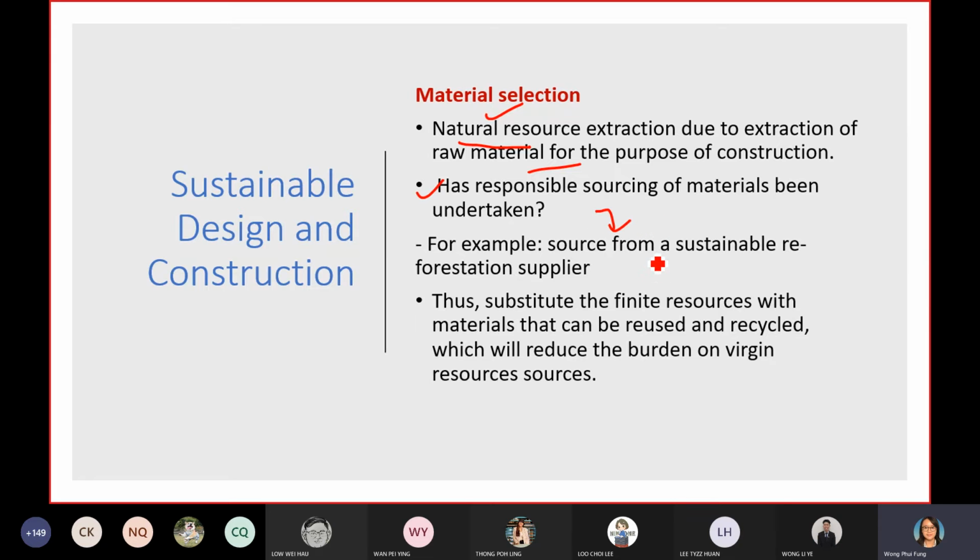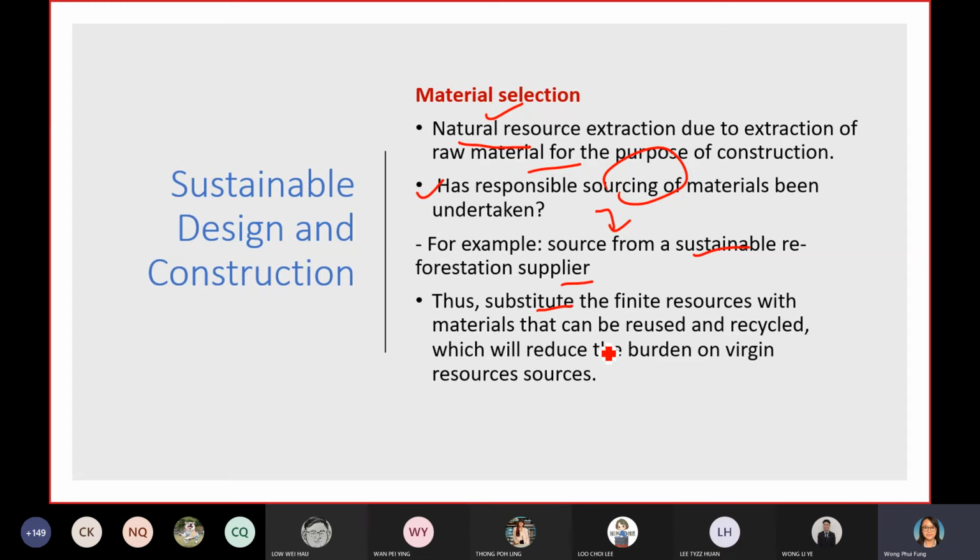Say, for example, the source of the timber should come from a sustainable reforestation supplier, which means this kind of supplier only cuts down the tree when the tree is already matured. But there are some irresponsible suppliers who just cut down the tree, don't bother about how old the tree is. So that's why when we select a material, always think about the source of the material, whether they practice reforestation or not.